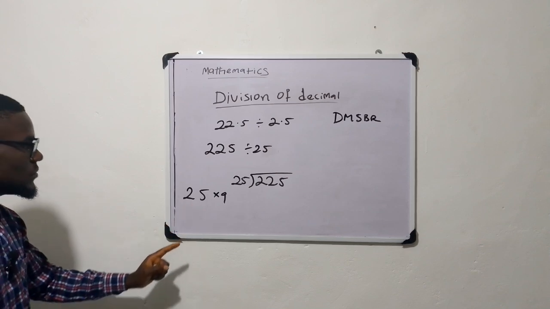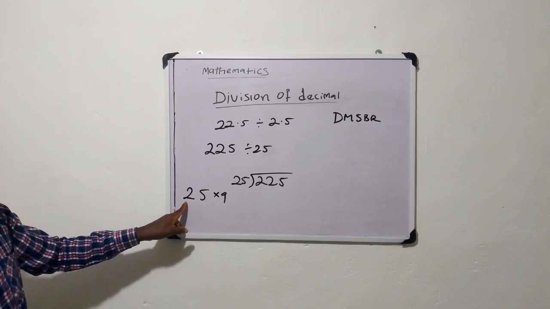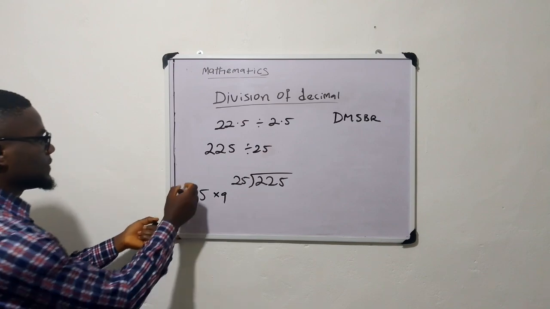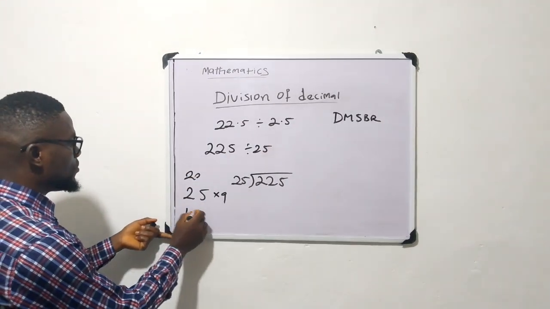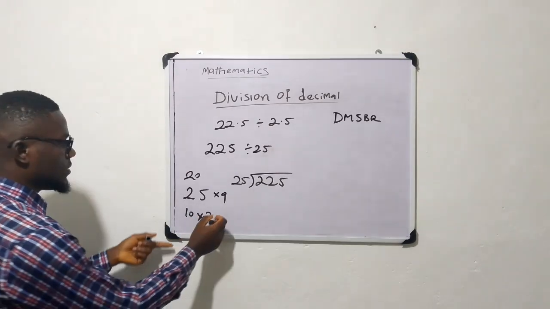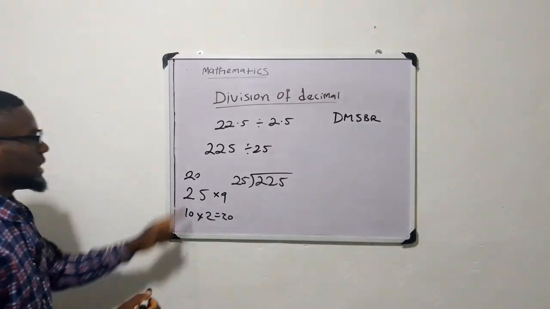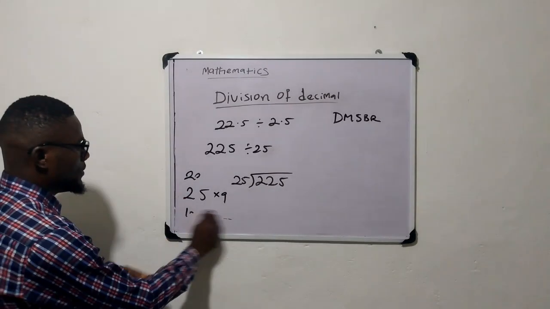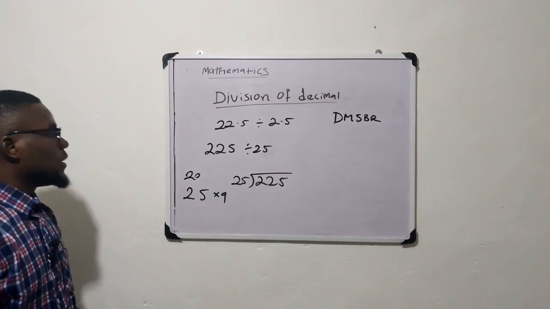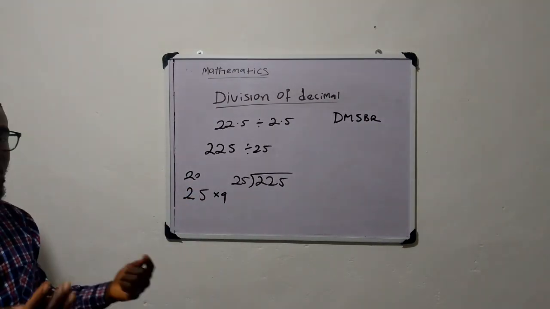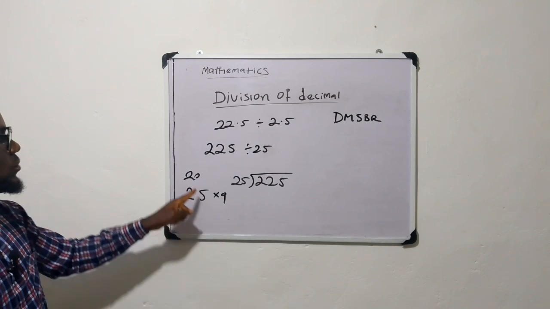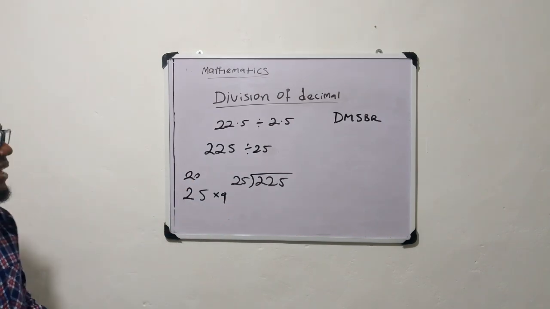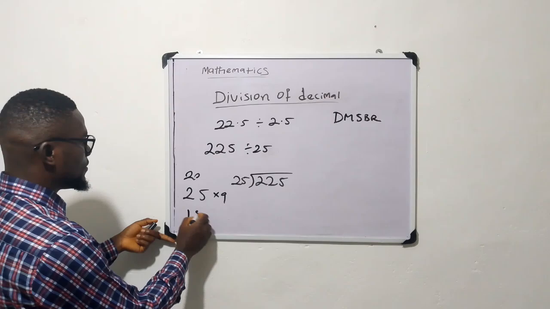Now this 2 here also means 20, because it is 10 multiplied by 2, equals 20, since it's in the tens position. Now let's say I want to multiply this 25 by 9. When you multiply 20 by 9, you're going to have 180.